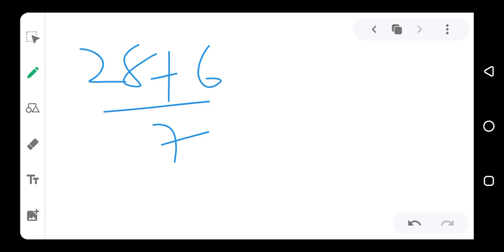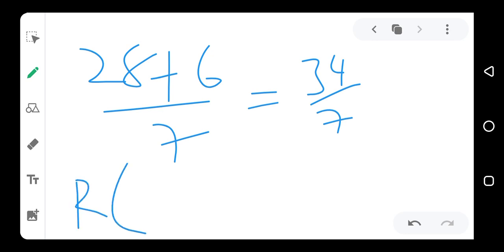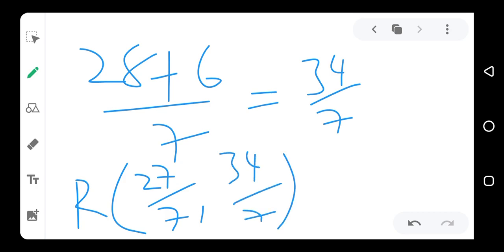That gives us 28 plus 6 over 7, which gives us 34 over 7. So the coordinate of R is x equal to 27 over 7 and y equal to 34 over 7. This is the answer. This is the coordinate for R, the point that divides the line in the ratio 4:3.